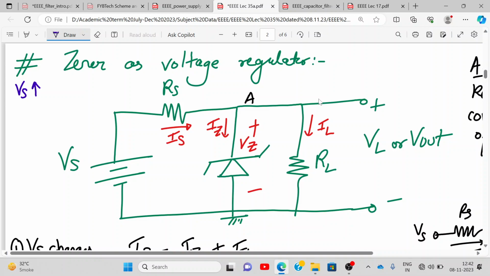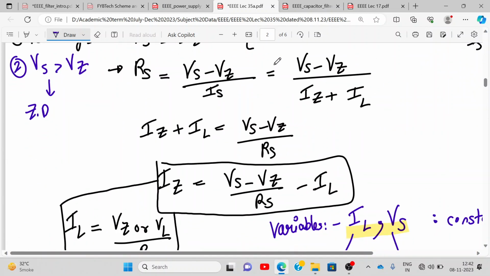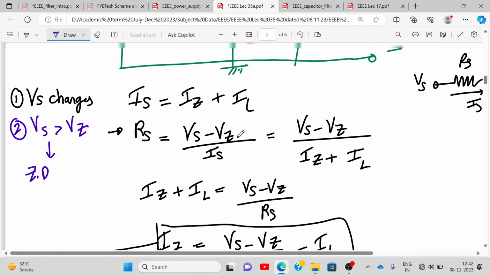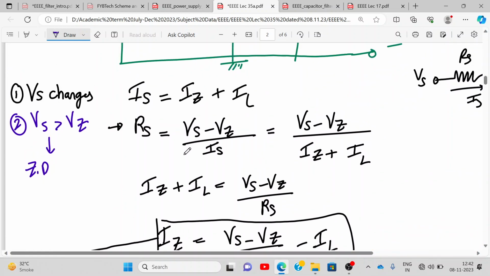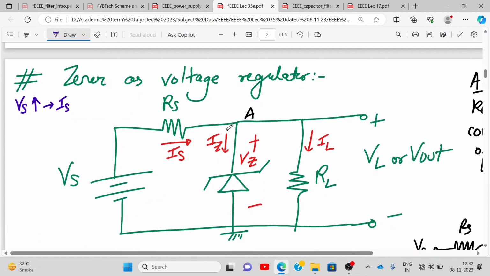So Vs is changing. Let's say it's increasing. If my Vs is increasing, what will happen to Is? Look at the equation. Vs increasing, so what will happen to Is? Is will also increase, no? So when Vs increases, the source current increases.